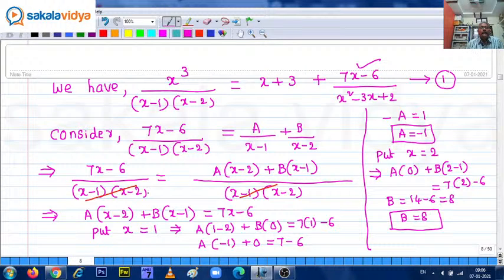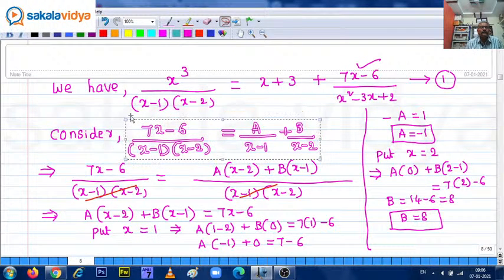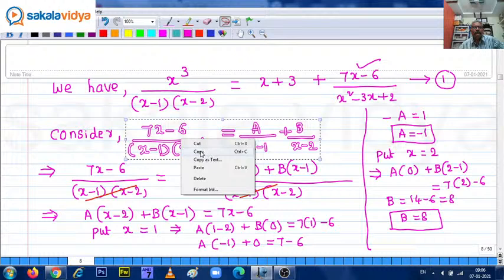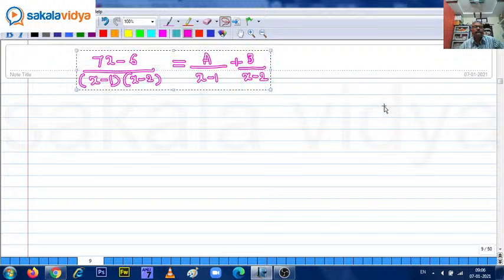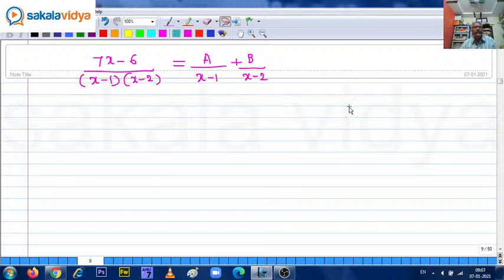So therefore, since 7x minus 6 by x minus 1 into x minus 2 is equal to A upon x minus 1 plus B upon x minus 2.